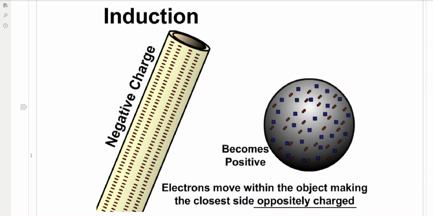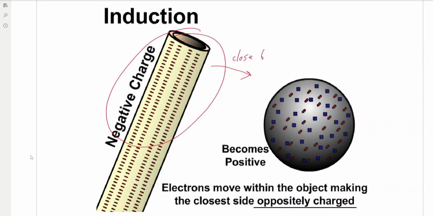So if we bring this negative charged rod close, but not touching, close but not touching, then what happens is this entire ball, maybe I'll just draw it to the side here, this entire ball, the negatives are repelled from the negatives in the rod, right?